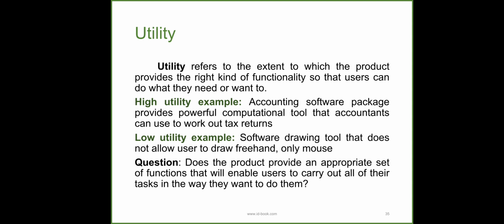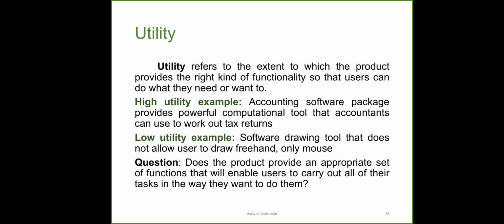For example, a product with high utility is an accounting software package that provides the right kind of functionality, a powerful computational tool that accountants can use to work out tax returns.